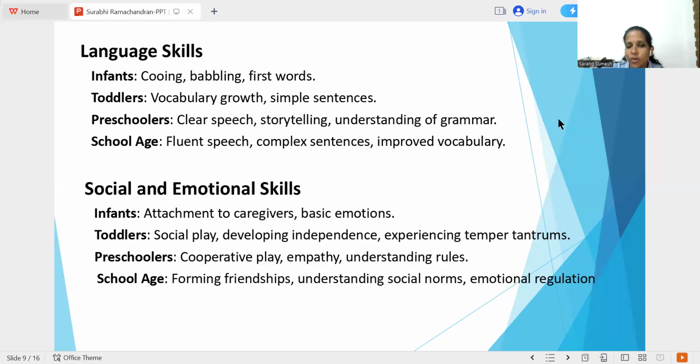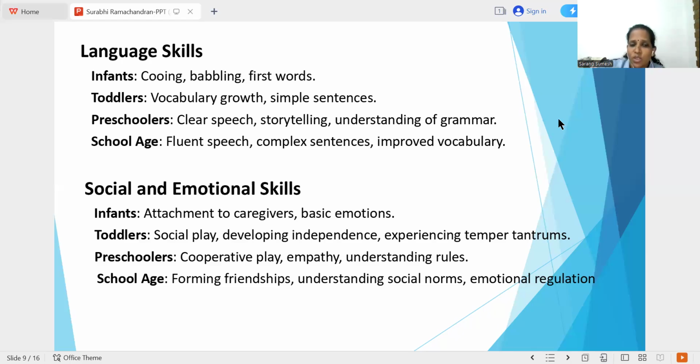School age: fluent speech, complex sentences and improved vocabulary. So we know this already. In infancy, they make some sounds only, and first they say small words only. In toddlers, they make small sentences. In preschoolers, they speak small stories, and they can understand what we are telling. In school age, they have fluent speech, talk in complex sentences, and their vocabulary increases.